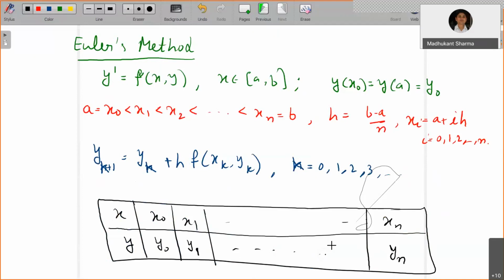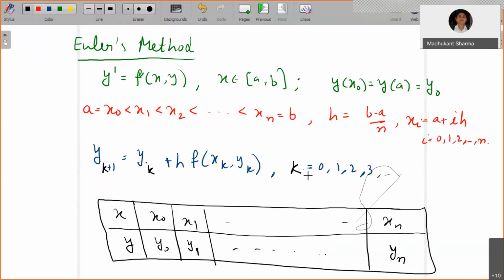This leads to Euler's method, which we have obtained using Taylor's theorem, truncated after the second term.